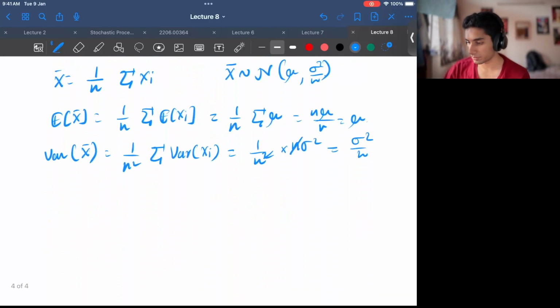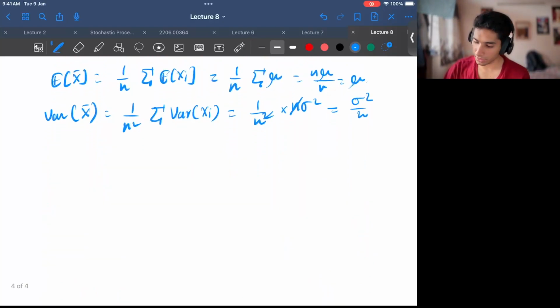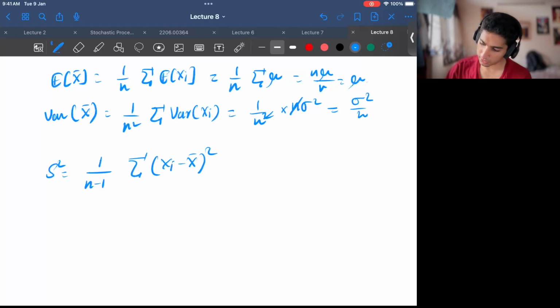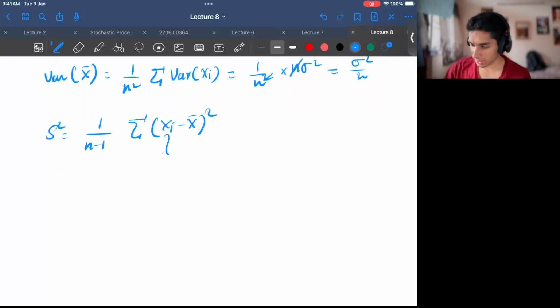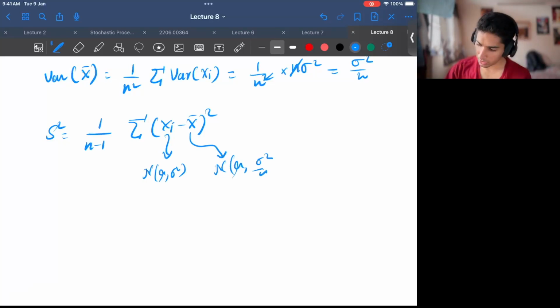Now, if you look at s square, which is 1 over n minus 1 summation xi minus x bar whole square, right? So if you see that, this xi is a normal mu comma sigma square random variable, and this x bar is a normal mu comma sigma square by n random variable.